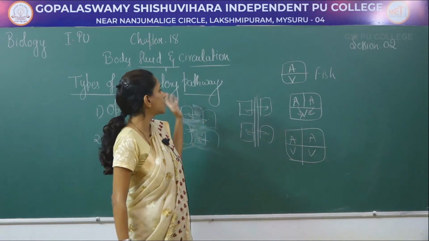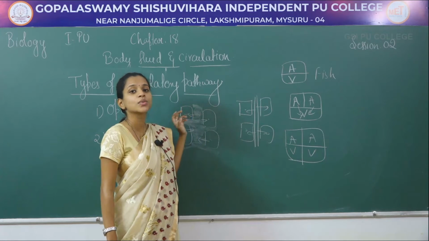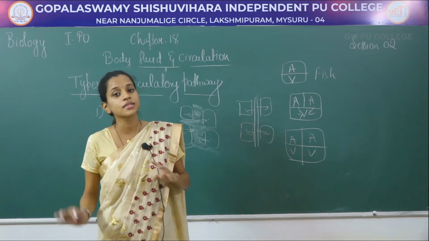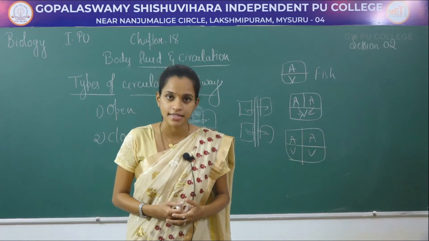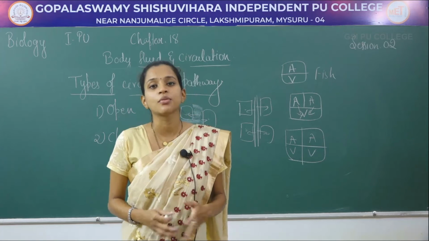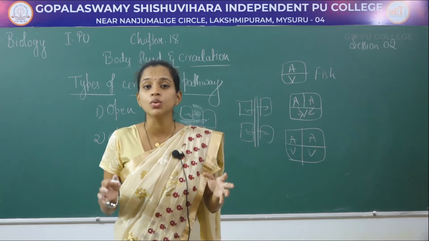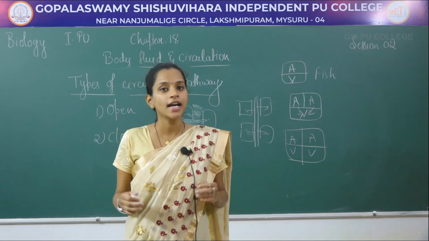So, that is about the circulatory pathway as well as the types of circulatory system present in different organisms with a closed circulatory system. Next we will study the human circulatory system, for which we will have to draw the human heart so that it is clearly understood.